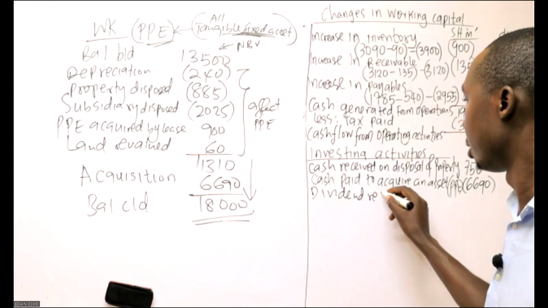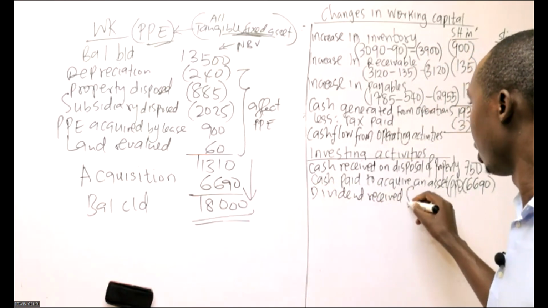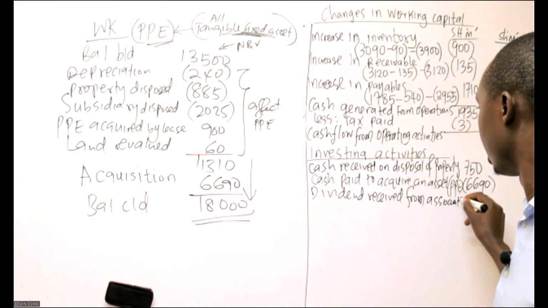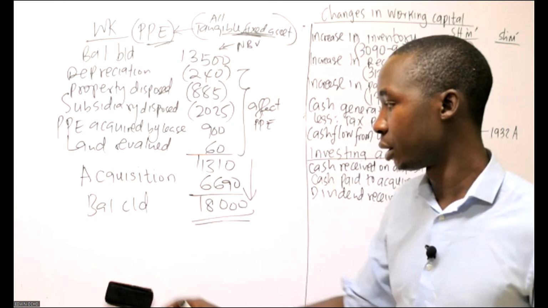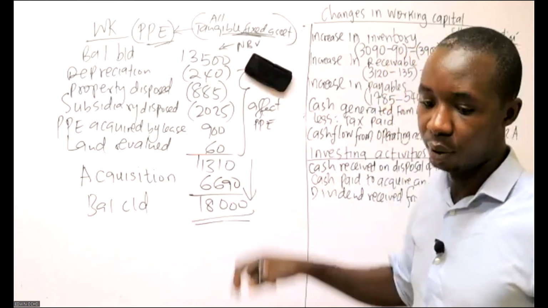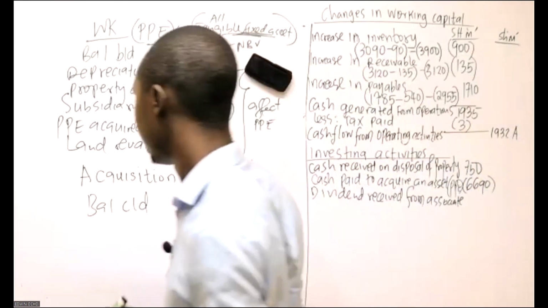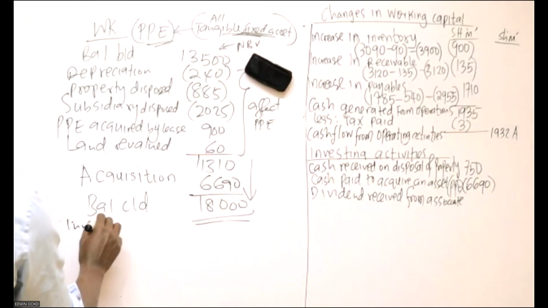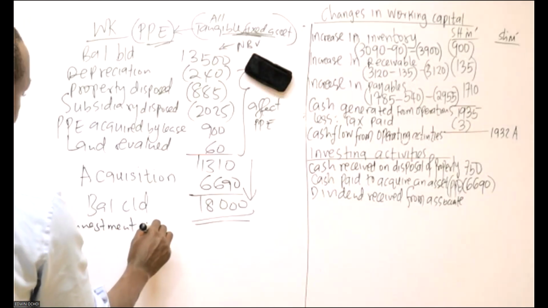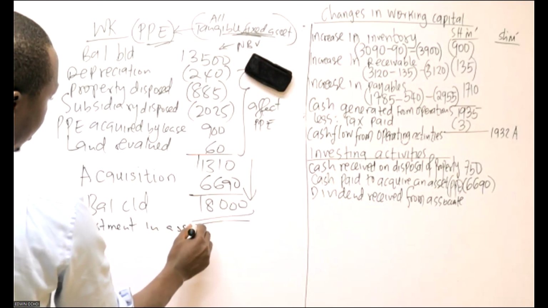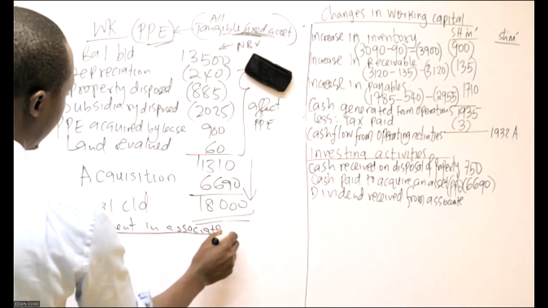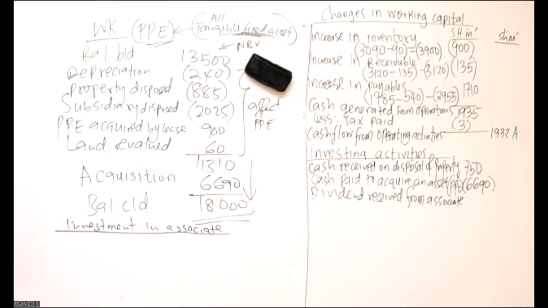From where? Here we have dividend received from associate, because we have investment in associate. You can see this investment in associate in the non-current assets.